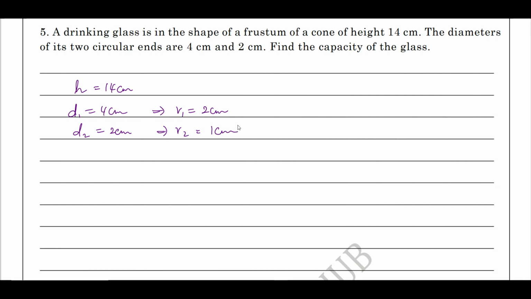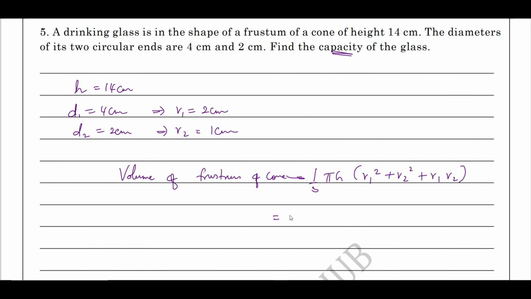So what you should do, you should find capacity of the glass, which will be same as volume. Now volume of frustum of cone equals 1 by 3 pi h into r1 square plus r2 square plus r1 into r2.